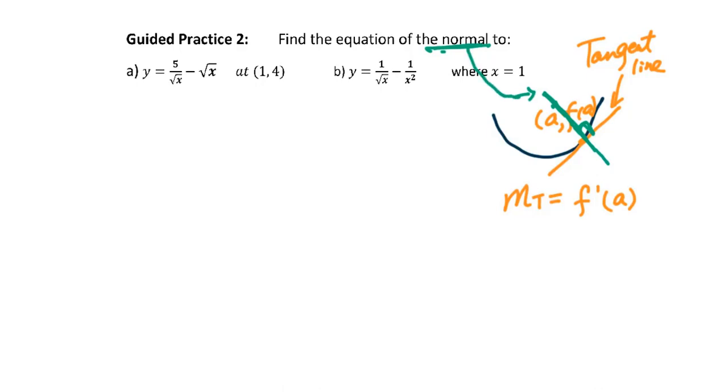For this normal line, we use Mn equals, it will be opposite and reciprocal of this slope of a tangent line.